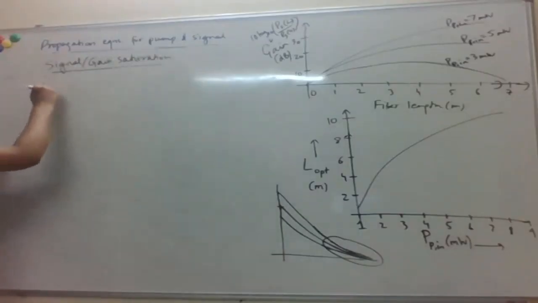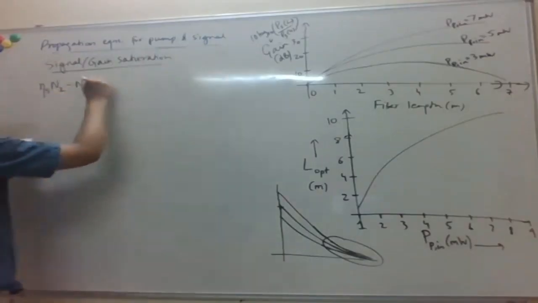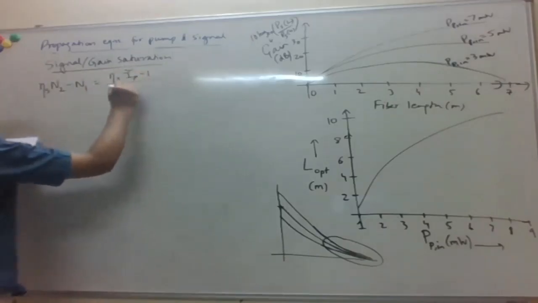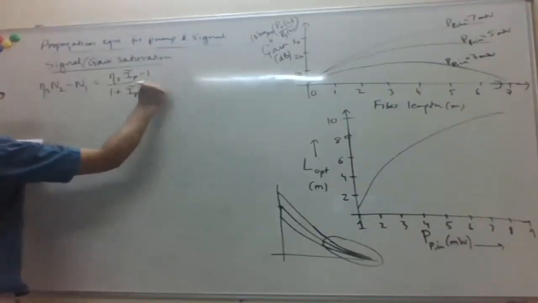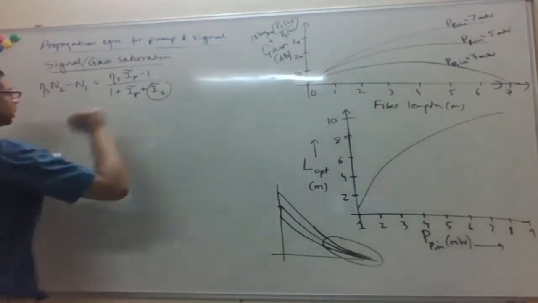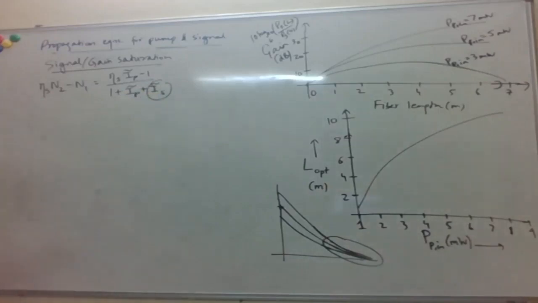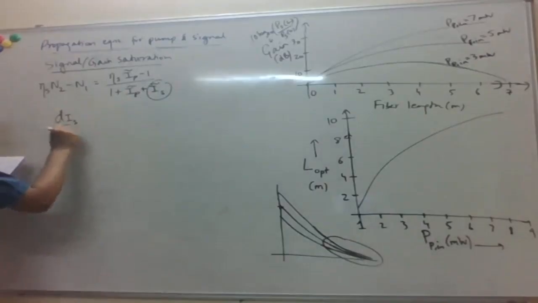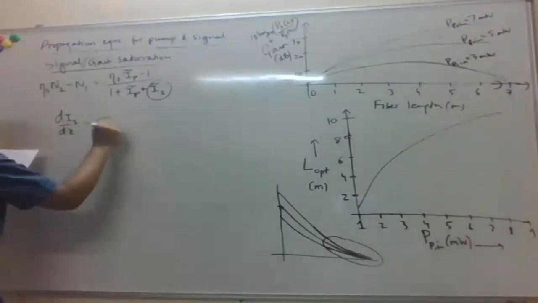Another factor which is contributing: if you look at this population difference here, the original expression was like this. You can see there is signal intensity or signal power coming in the denominator. And the equation for the signal intensity was like this.